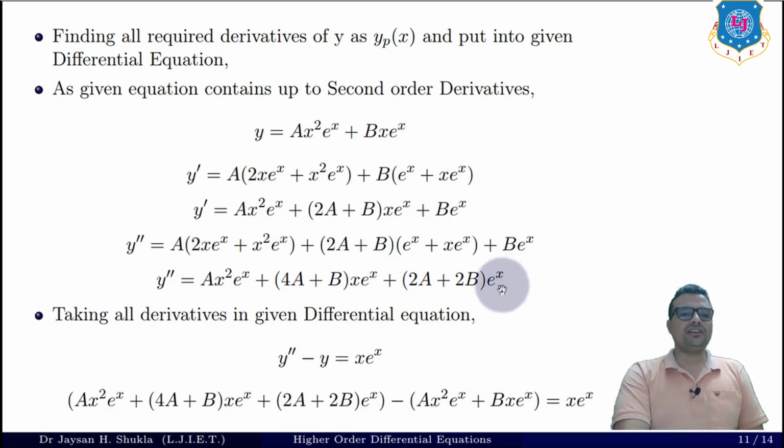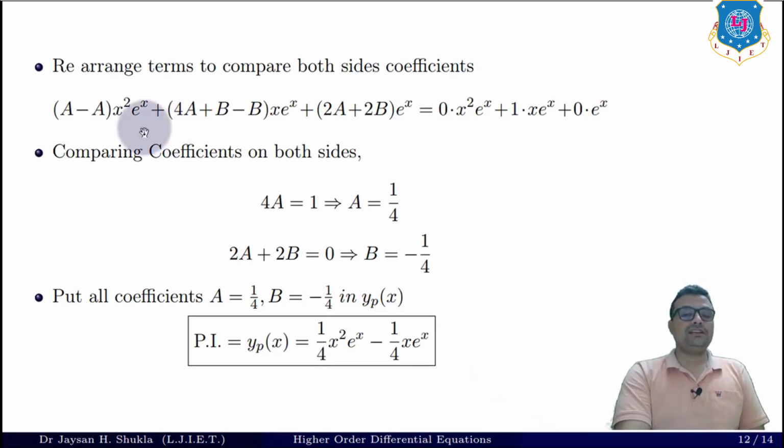Taking all these three y, y dash, y double dash onto the left hand side of the differential equation will give me this possible combination. Then by separating coefficients of x square e raised to x, x e raised to x, and e raised to x, and comparing with the coefficients on the right hand side, I get a minus a equal to 0.